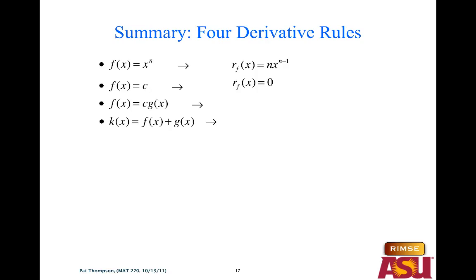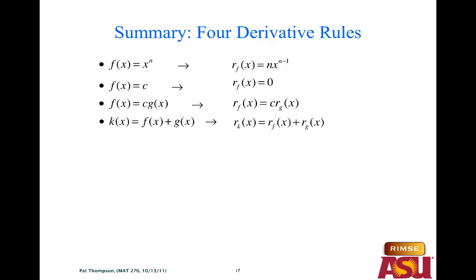Rate of change of a constant times a function. Is that also 0? No. In this case, you hold on to the constant and multiply it by the rate of change of that other function, g. And the rate of change of the sum of functions was exactly what we hoped for: the sum of the rates of change. So these are the 4 rules that we derived on Tuesday.